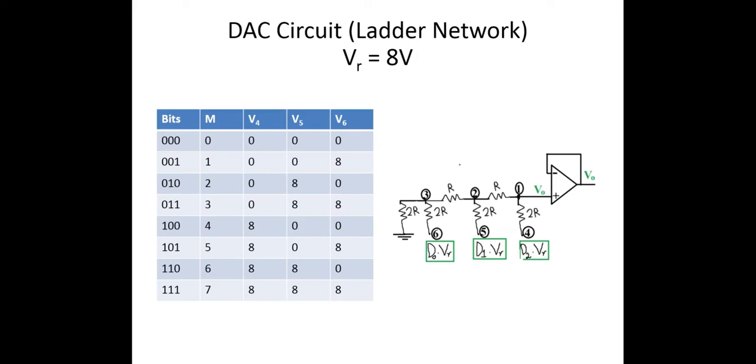So this circuit, which consists of the arrangement of these resistors, is known as a ladder network, so that the output circuitry does not load the digital to analog converter's ladder network circuit, because otherwise our analysis will no longer be valid.